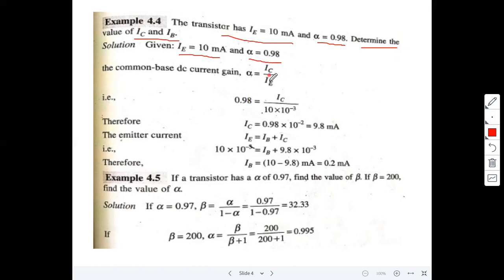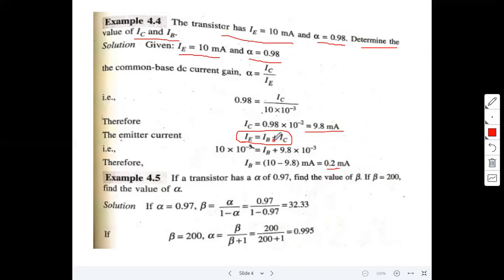Then alpha is equal to IC by IE. From that, IC is equal to 9.8 milliamperes. Once you know IC, by using the relation IE is equal to IB plus IC, IB is equal to 0.2 milliamperes.